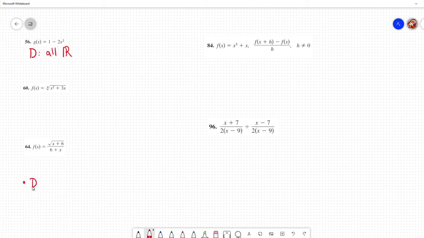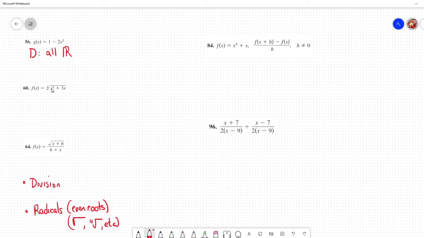One of them is anytime you see division, and the second one is whenever you see radicals, specifically even roots, stuff like square root, etc. With division, we look out for that because we cannot divide by zero. With radicals, we can't have negative numbers inside of an even radical because we would have imaginary numbers.